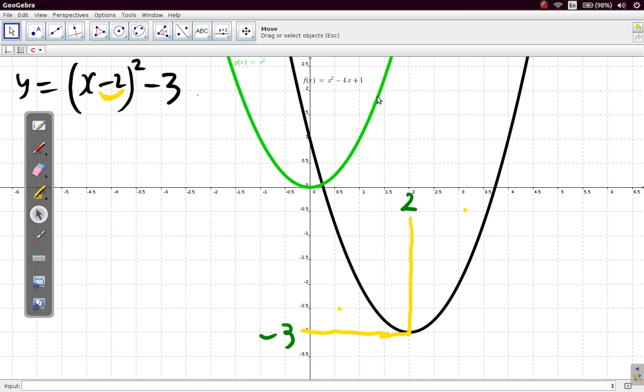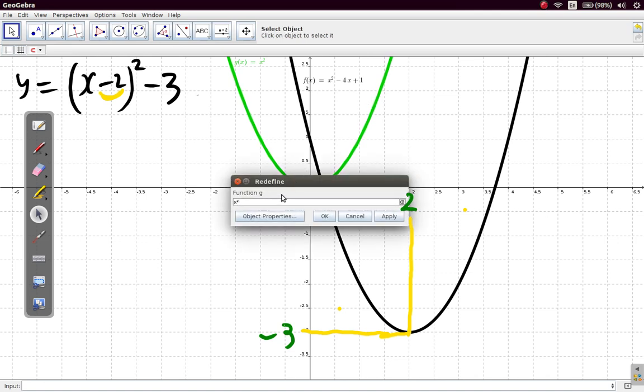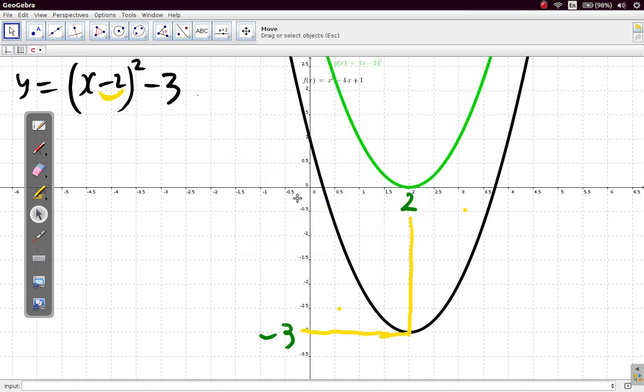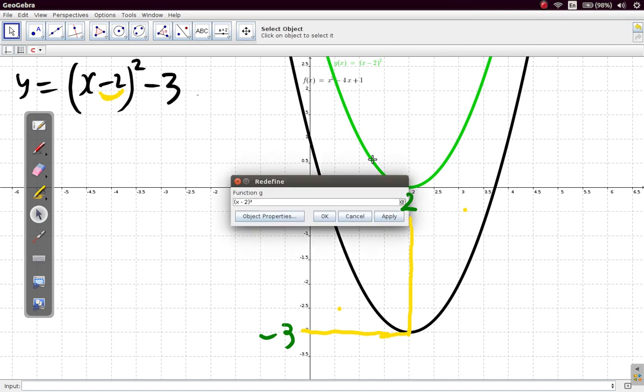We can make a modification here. This is x squared. Suppose I put open bracket x minus 2 close bracket squared. Okay, so you see that it has shifted 2 units to the right.